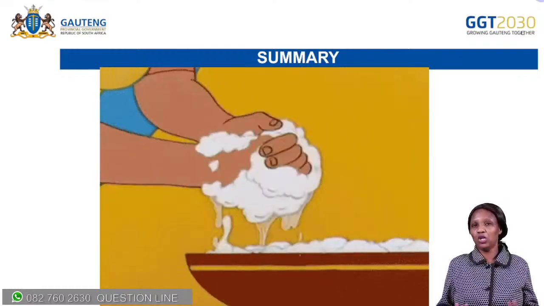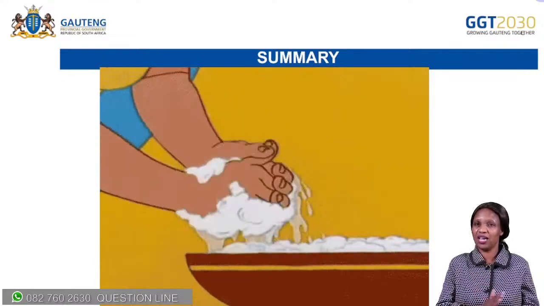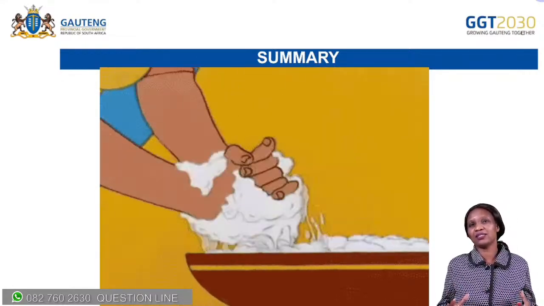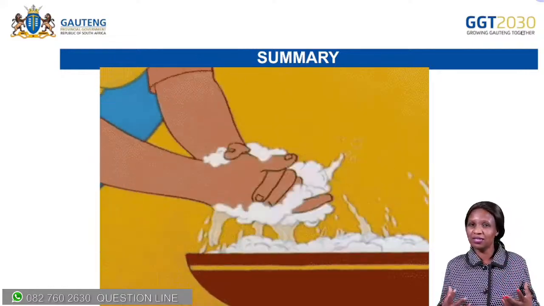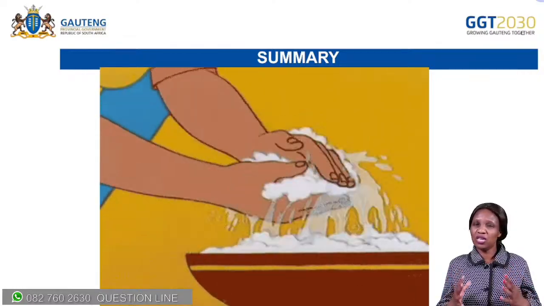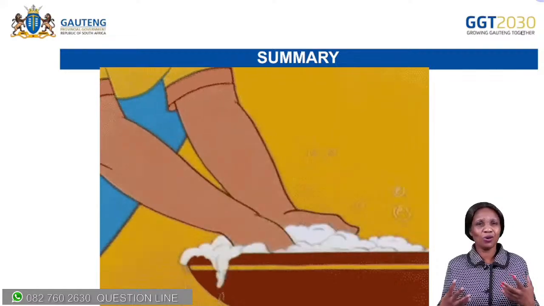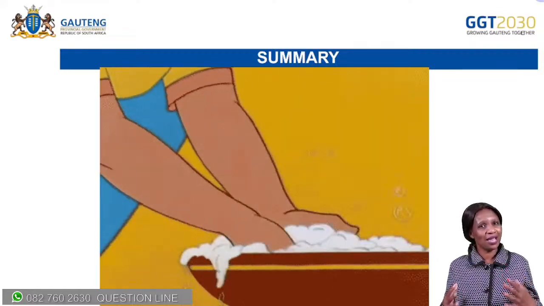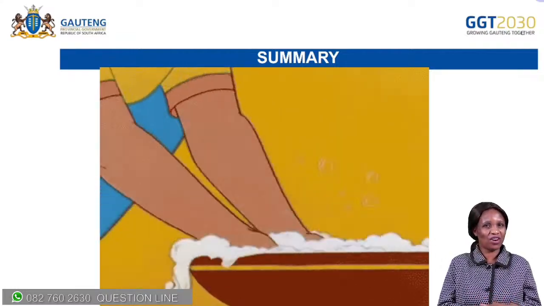Let's look at the video there. We've got a woman washing her hands. Why do we wash our hands? We wash our hands to get rid of these different microorganisms. You need to wash your hands for at least 20 seconds. And how do we wash? We wash our hands using soap.